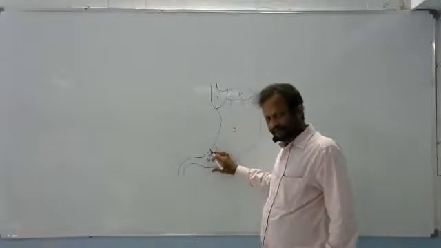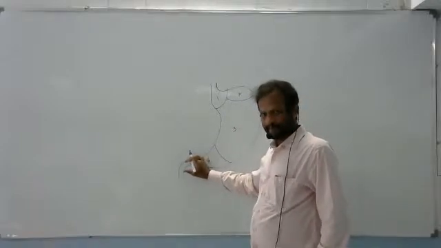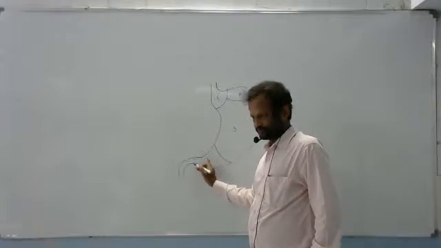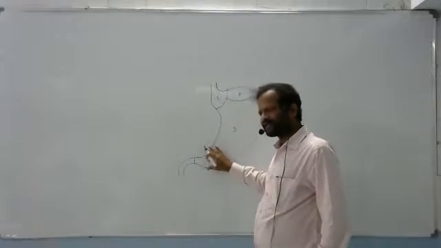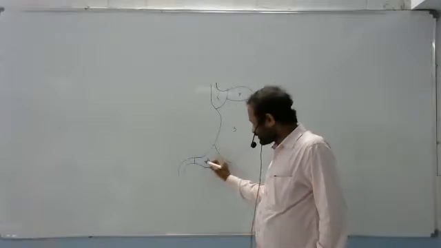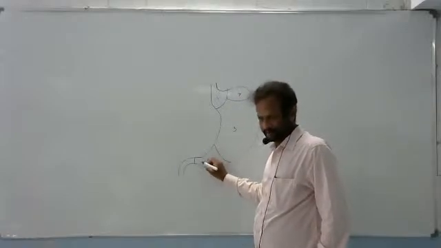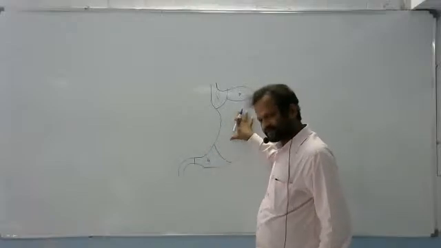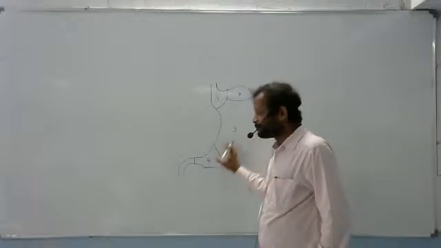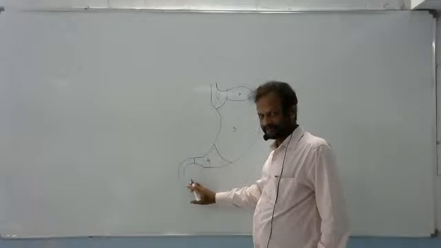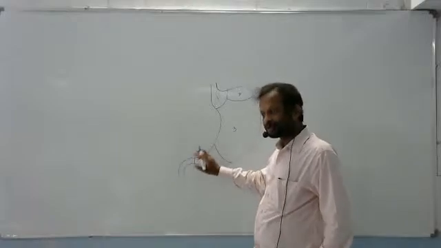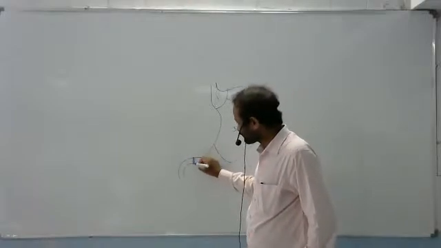The pyloric stomach will become narrow. It appears like a groove, where it appears like a funnel also. And this area is also called as antrum. So from here, the food will move into small intestine just under the control of one sphincter.